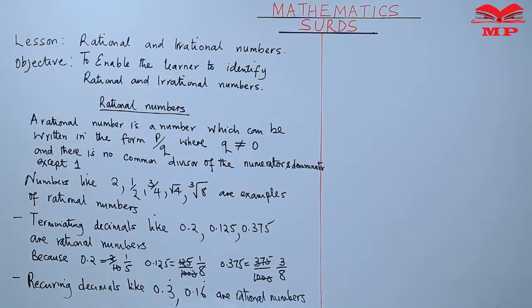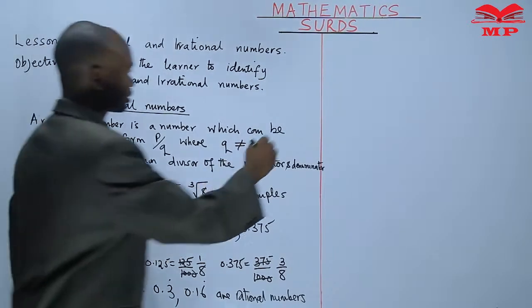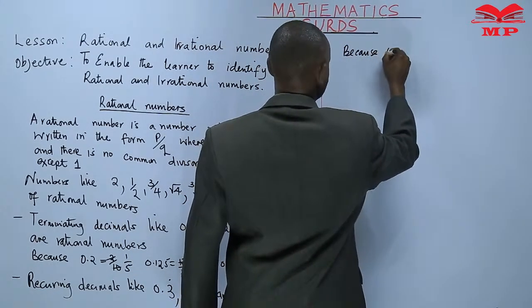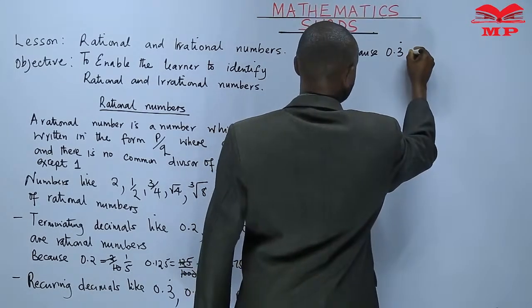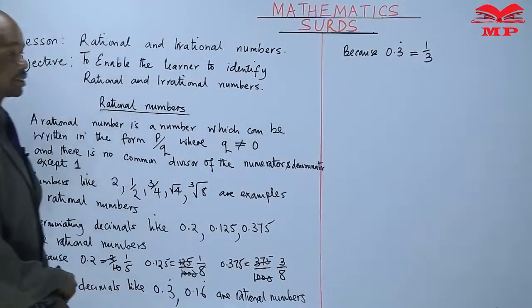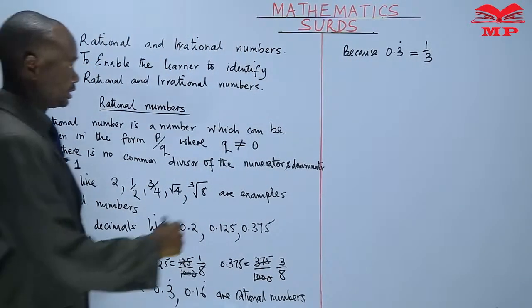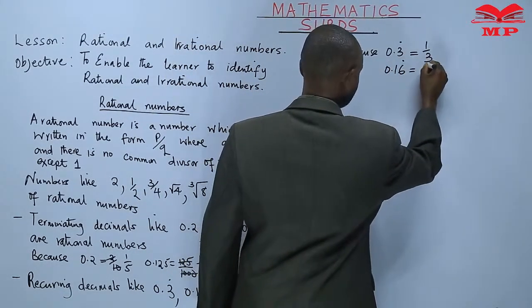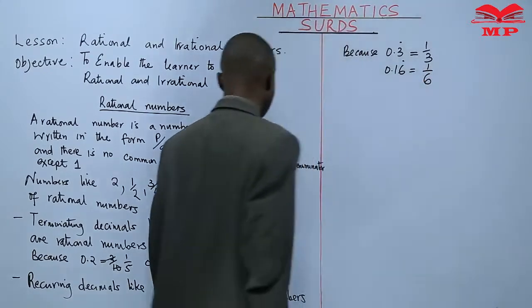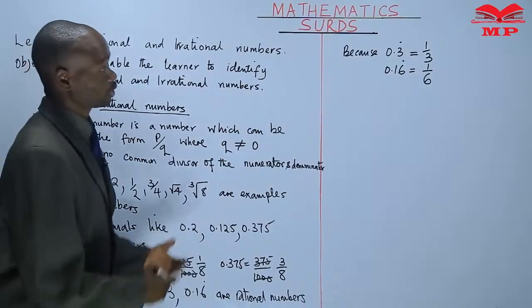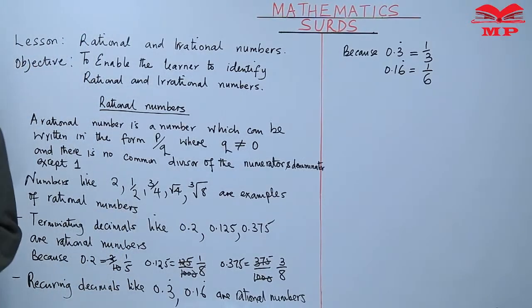They are actually rational numbers because 0.3 recurring converting to a fraction is 1 over 3, a rational number. 0.16 recurring works out to 1 over 6. So that's why the recurring decimals also get into that category.